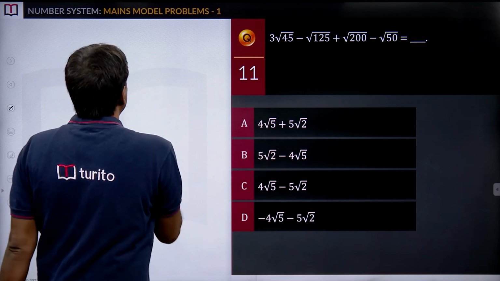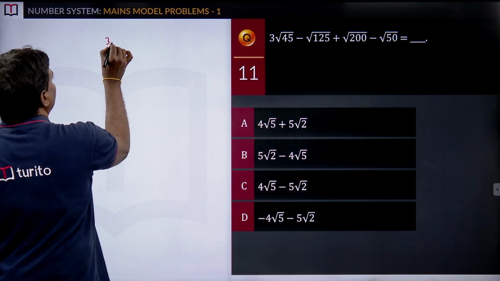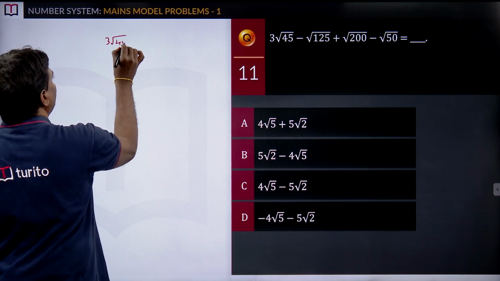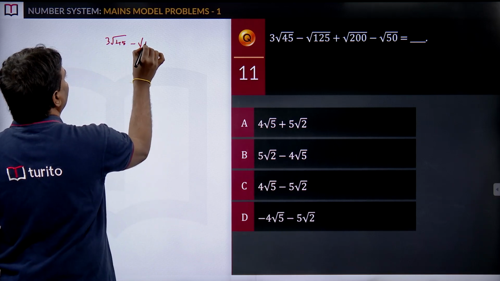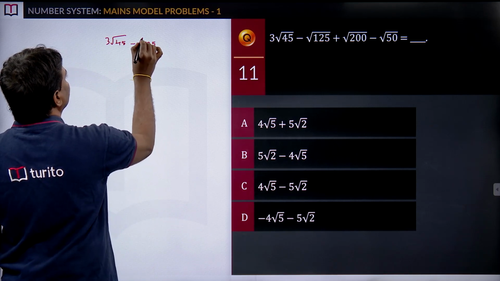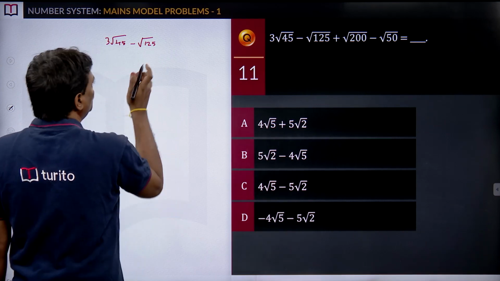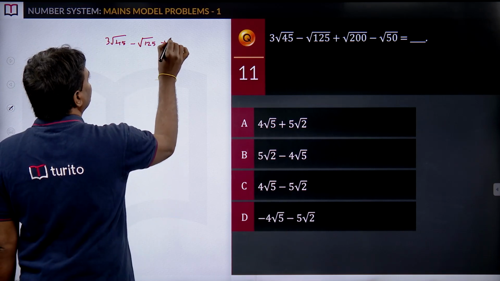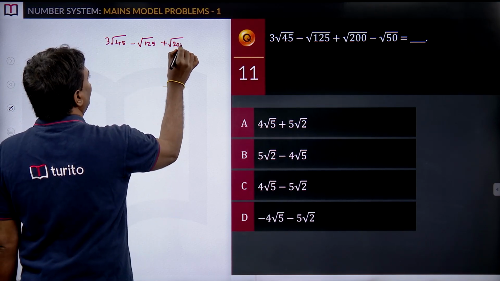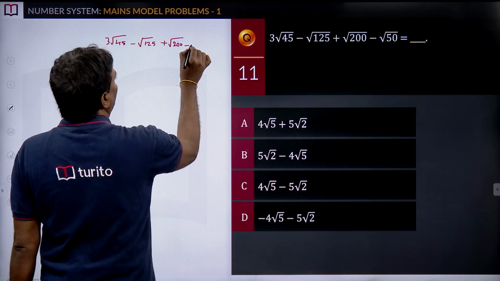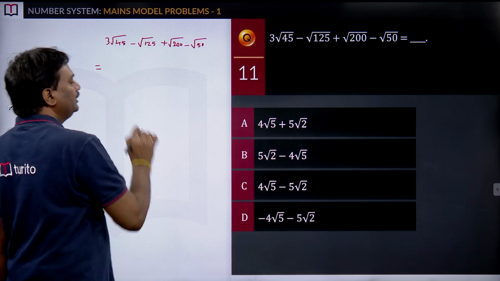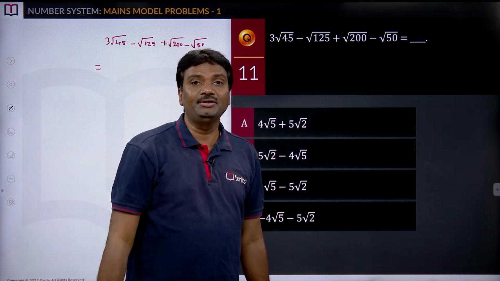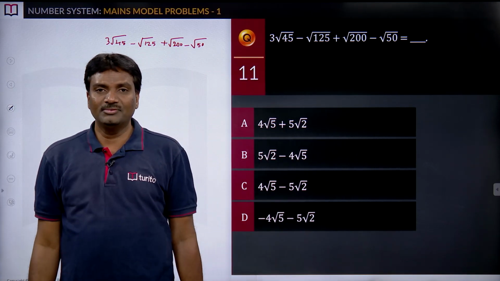So, 3 root 45 minus root 125, next plus root 200, minus square root of 50. Where 45 can be written as 9 into 5, 9 5s are 45.